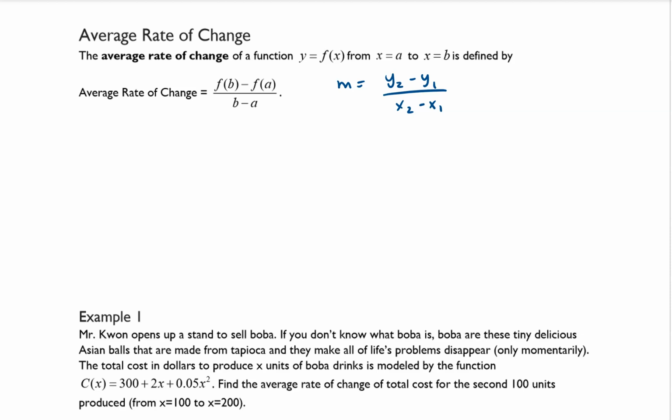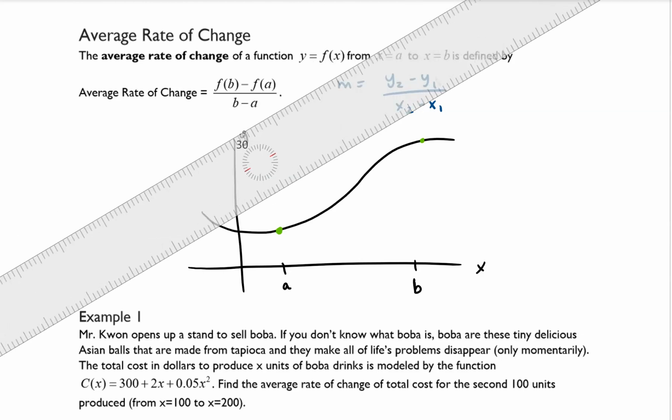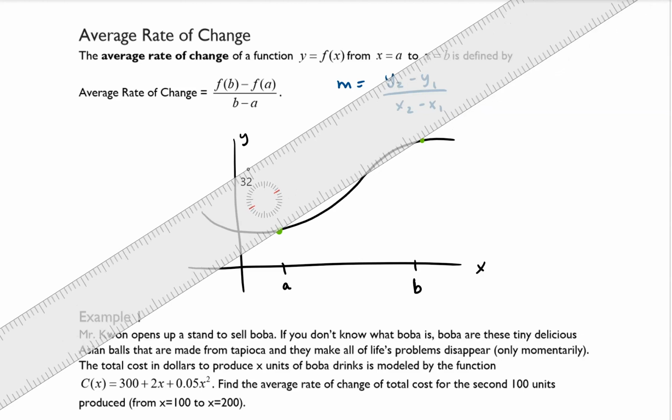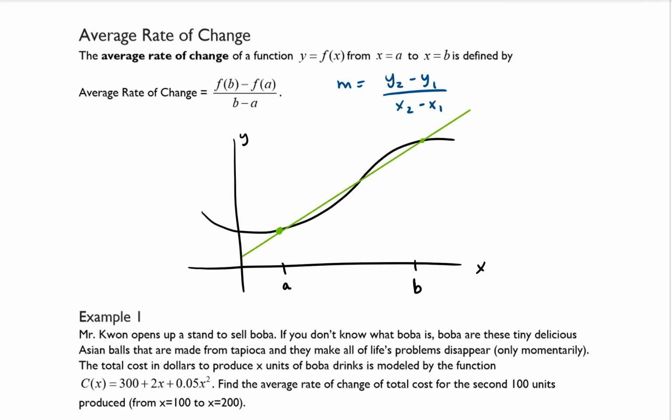What that looks like graphically is, here's my y-axis, here's my x-axis, and if you have some kind of function that looks like that, and you have an x value here at a, and you have an x value here at b, the average rate of change is basically, you're looking at this ordered pair and this ordered pair, and if you drew a straight line that went through both of those ordered pairs, the average rate of change is, again, basically the slope of that line.